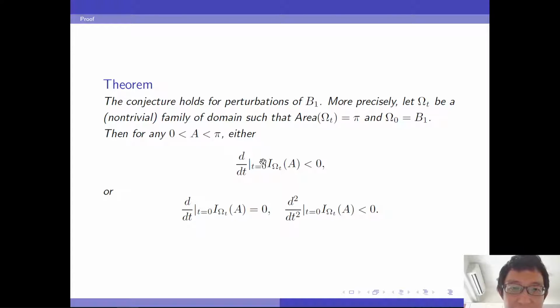Or if the first derivative is 0, then the second derivative is less than 0. So this suffices to show that the conjecture holds for perturbations of the unit disk. And the proof relies on direct computations.